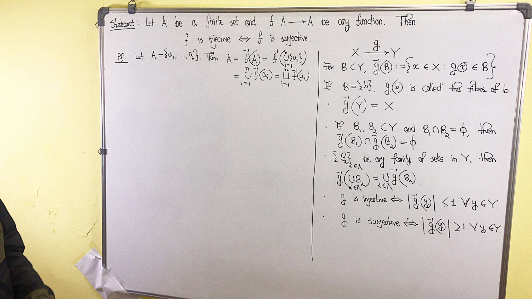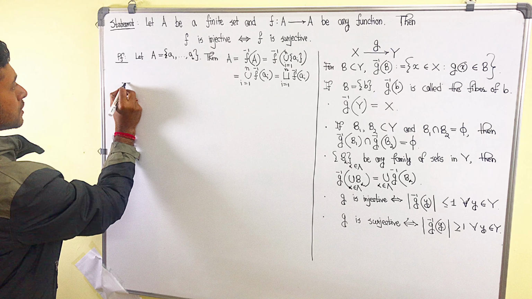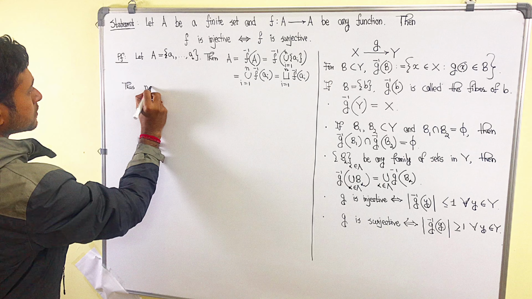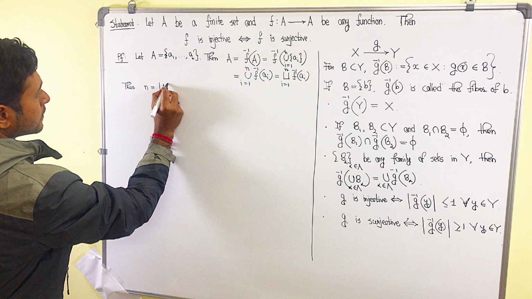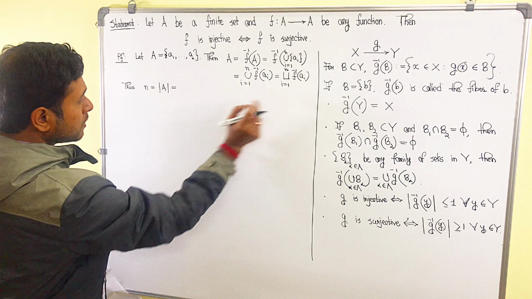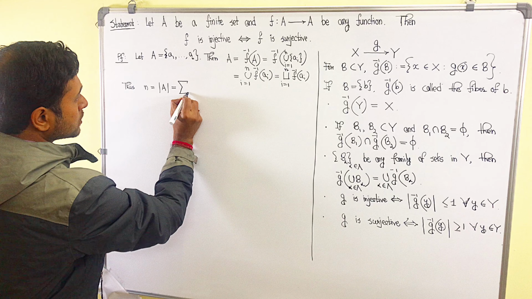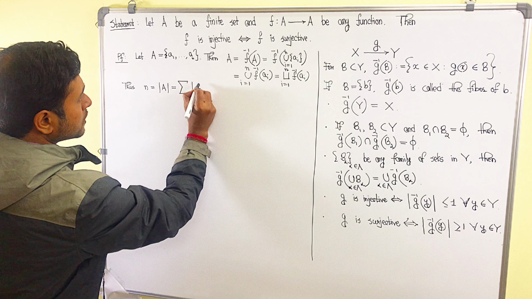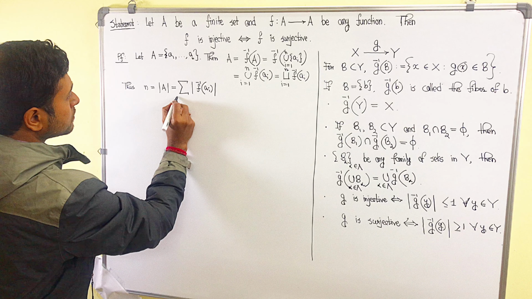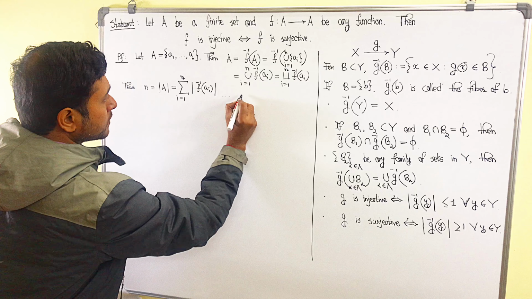Now you take cardinality on both sides, then we have the cardinality of set A is n, so n equals cardinality of A, which equals, since this is a disjoint union, the sum of the cardinalities. So the summation of cardinality of f inverse of ai, i runs from 1 to n. Let's denote this equality by star.